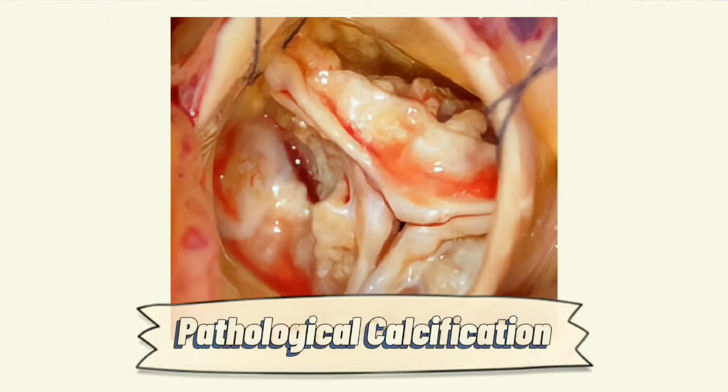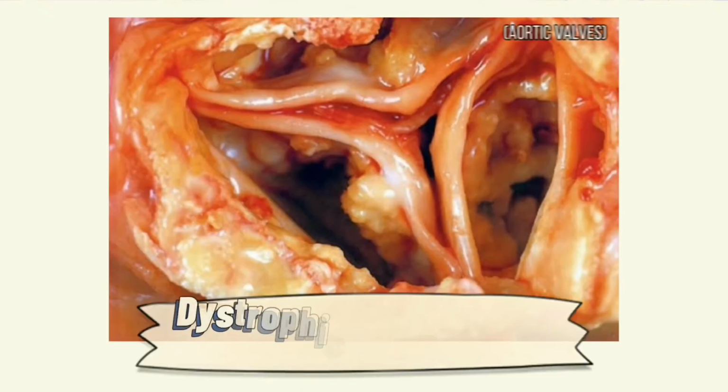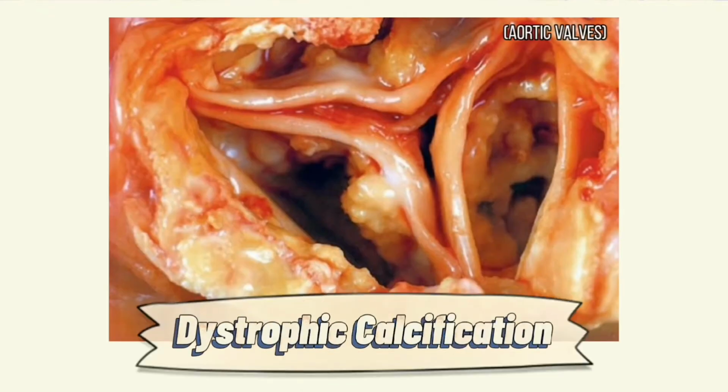Pathological calcification can be classified as dystrophic and metastatic calcification. Dystrophic or local calcification is defined as the deposition that occurs in dead, necrotic, or dying tissues. It occurs in a focal area of the body.